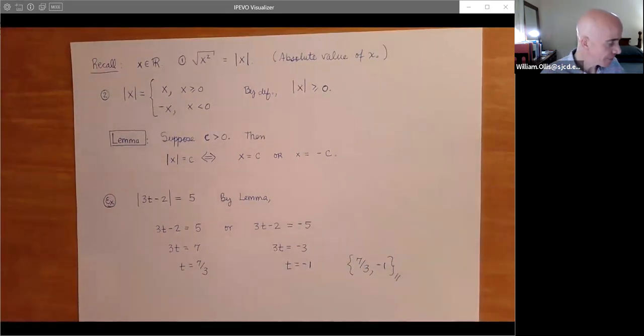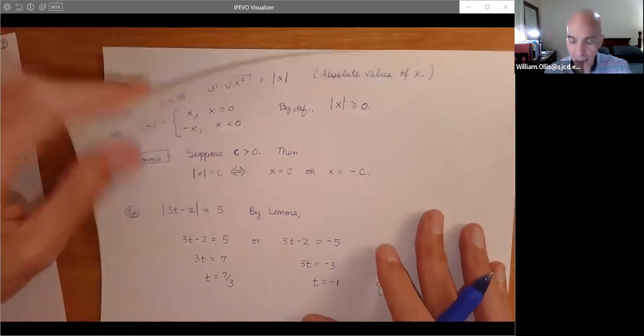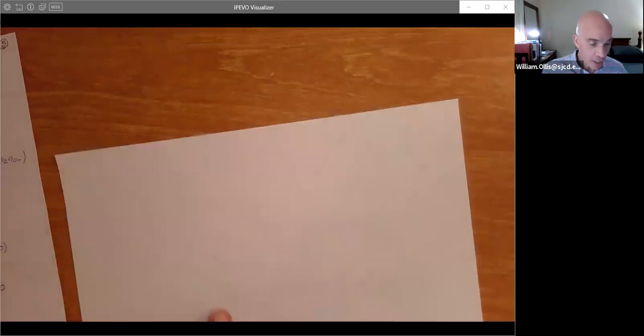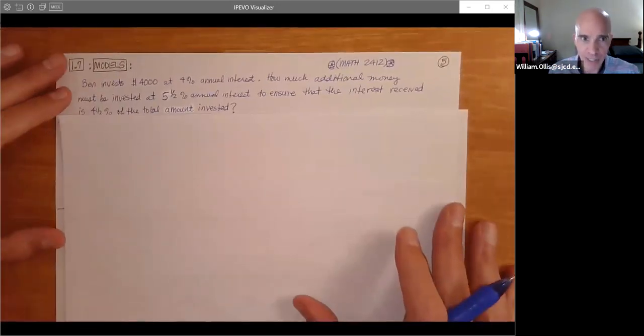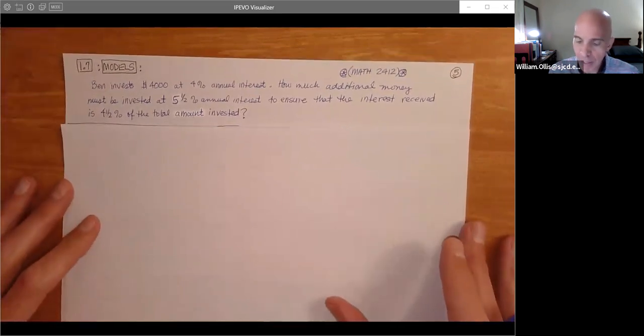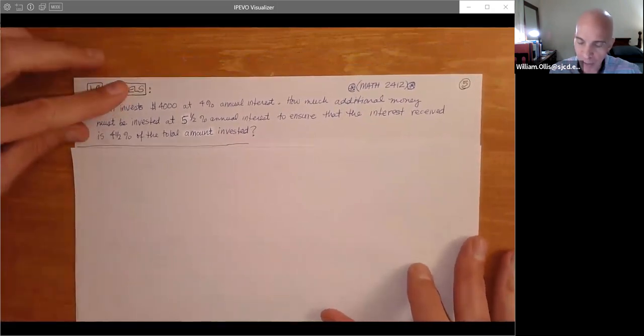Now, in closing, I just want to give you an example to think about, and I'm going to show you how to do this next class. And I'll just go ahead and cover this up. Here's an example. I just wrote this out. This is in models. Now, I want you to think about this in terms of symbolic computation.